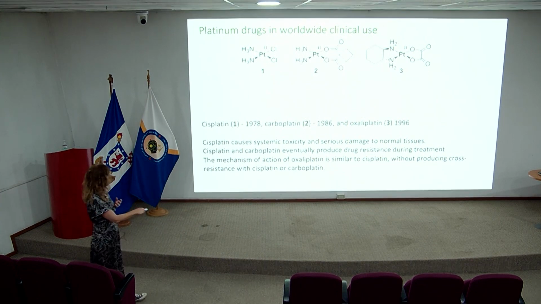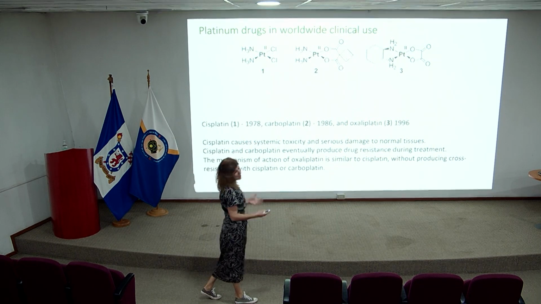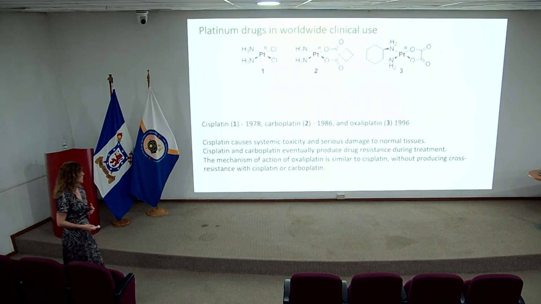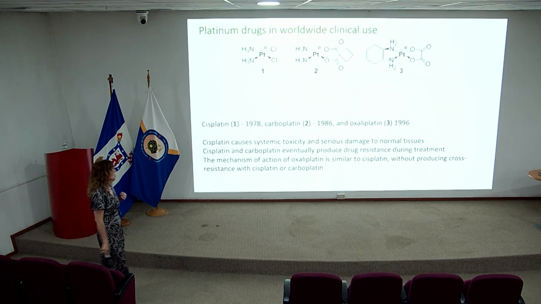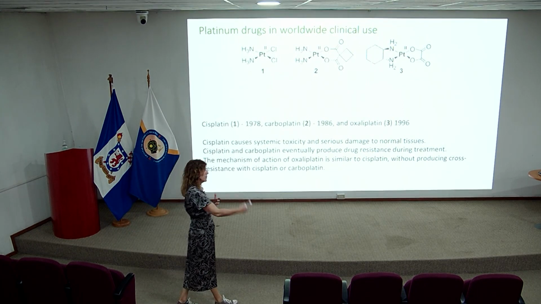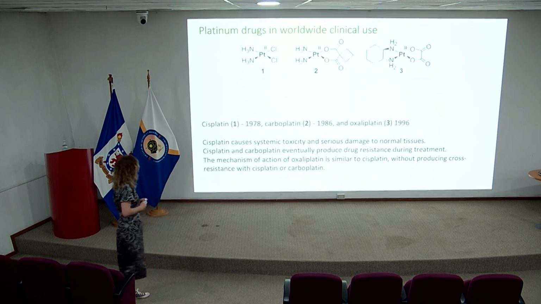So it is less toxic. It goes more into the cancer cells than into the normal cells. The problem is that it still produces drug resistance during treatment. So the more of this drug that you take, the less effect that you will have, okay?